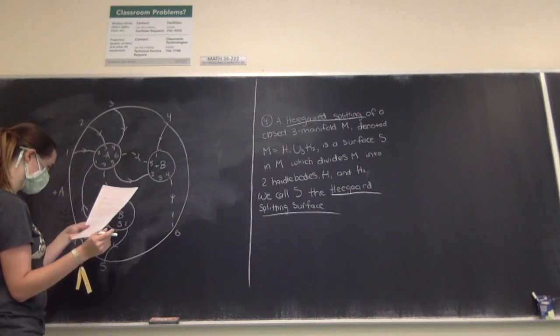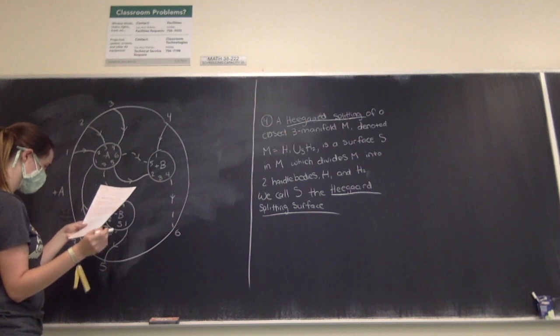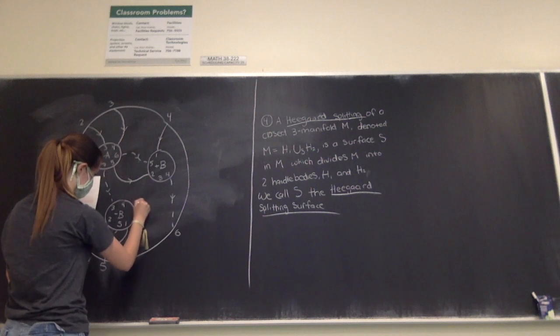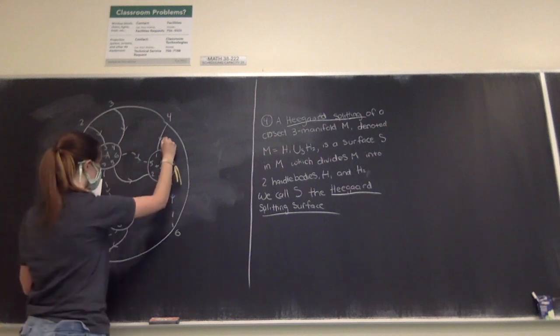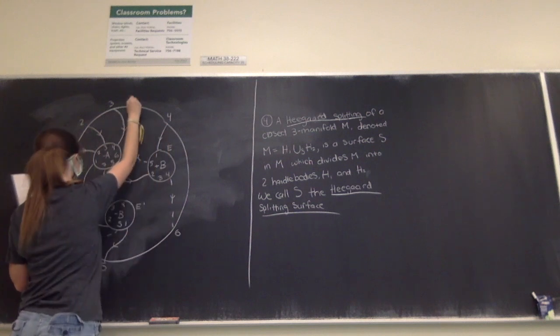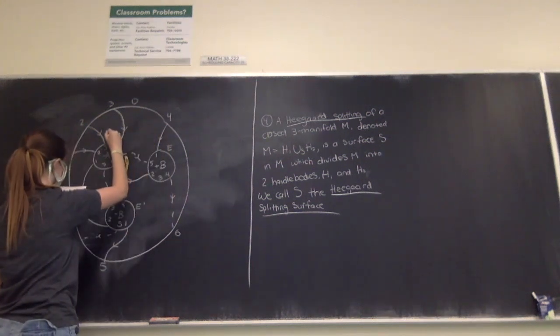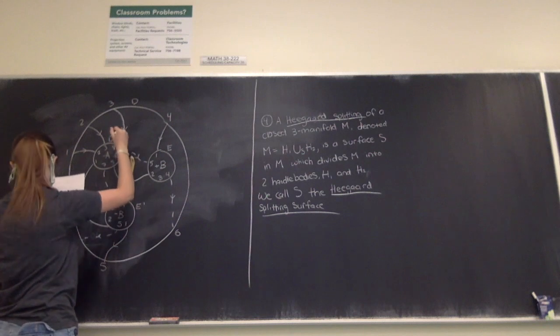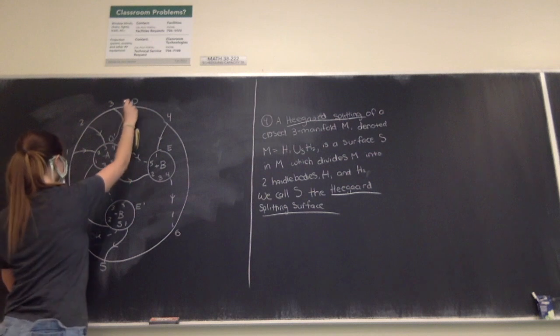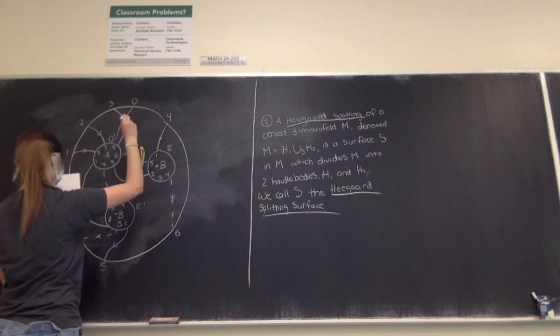And then we also have these other lines in here. So we have E prime, E, D, and B prime. And so we have that, and those two.